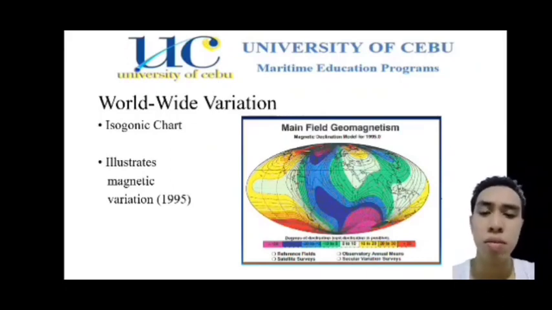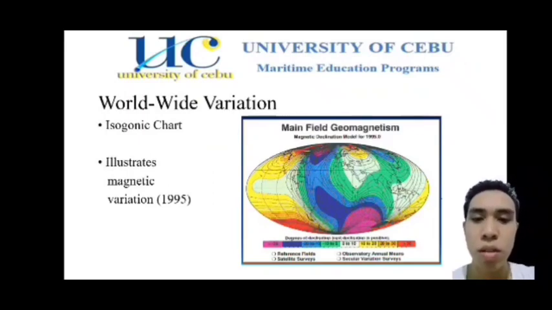So, worldwide variation. First is the isogonic chart. It illustrates magnetic variation, 1995. As you can see in the picture below, this is the main field geomagnetism.